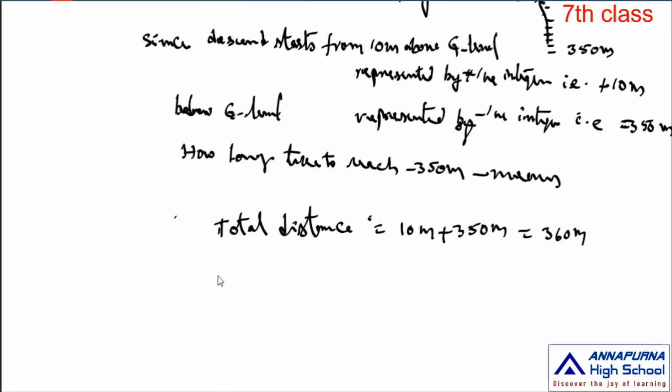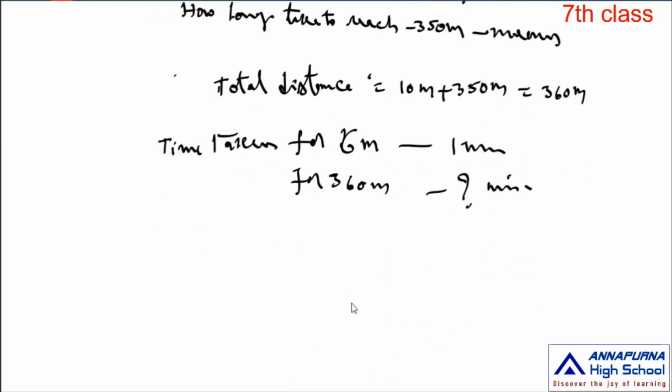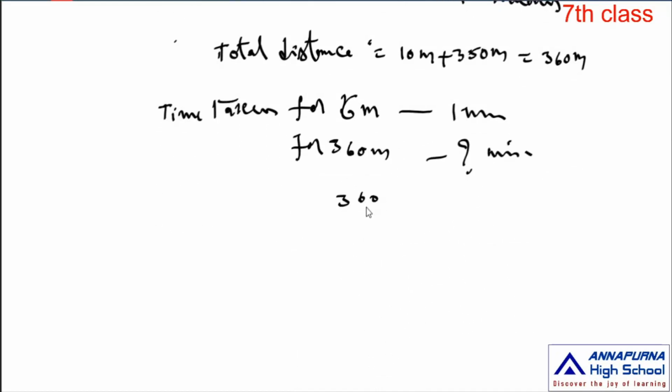Now, the time taken for 6 meters. 6 meters is 1 minute. So here how many meters did we get? 360. For 360 meters, how many minutes will it take to reach? That means you divide them. 360 by 6 is equal to 60 minutes.